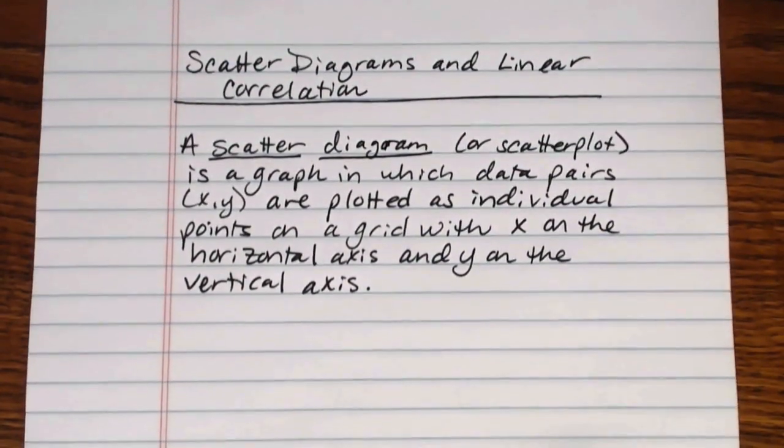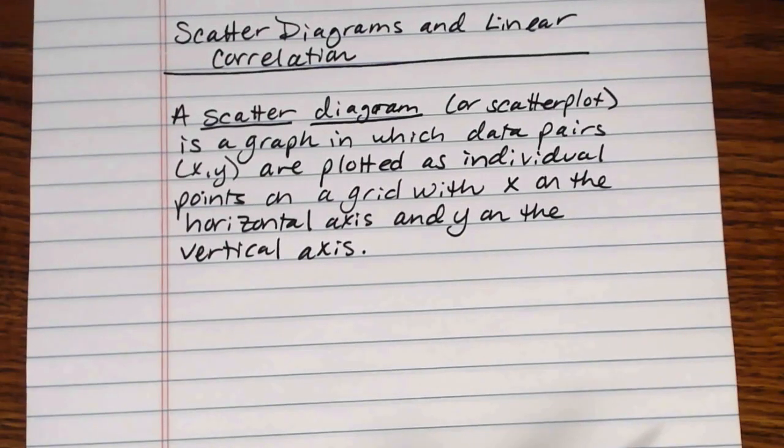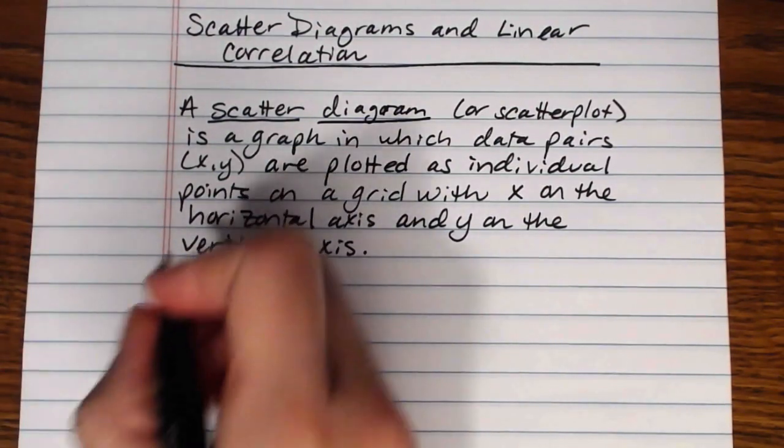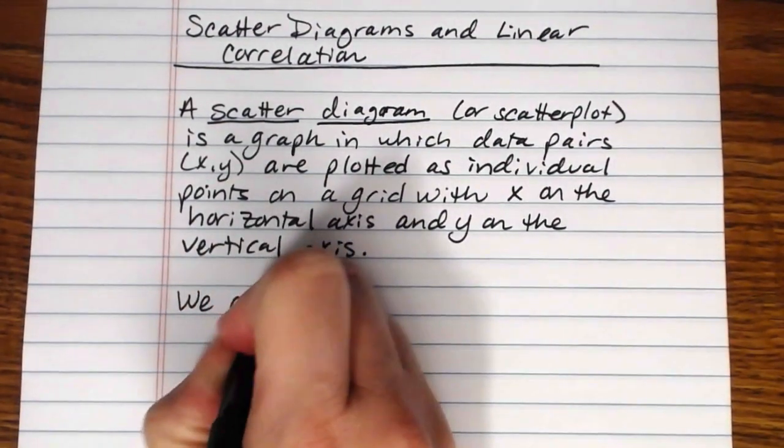And one other change in terminology from what you've likely dealt with in maybe previous algebra courses is rather than calling X the independent variable and Y the dependent variable, since the terms independent and dependent have different meanings in a statistical context than they do in an algebraic context to a certain extent, we call X the explanatory variable.